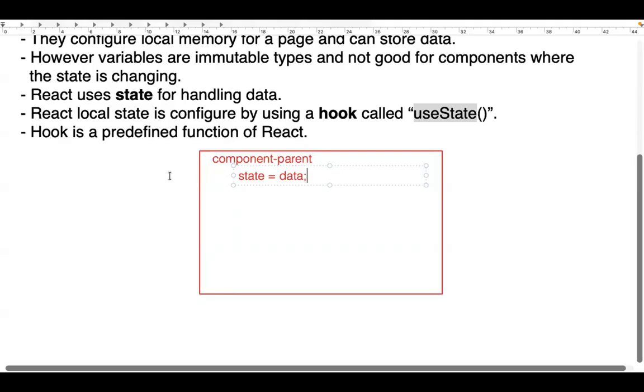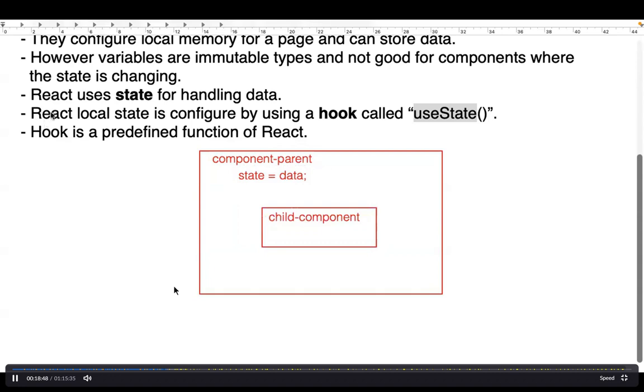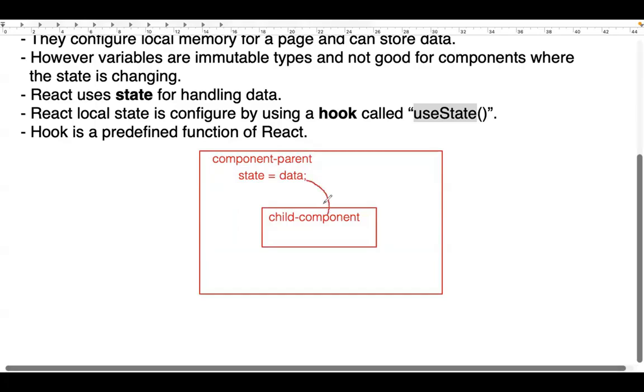Now, how this state works is, this state can be used anywhere in the component. But for example, there is another component inside, and this is a child component. The state that you defined for the parent is not accessible to the child.